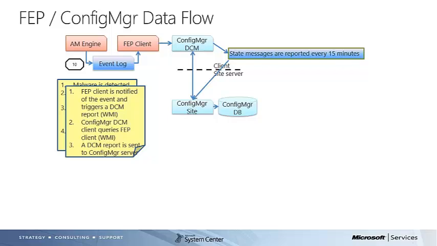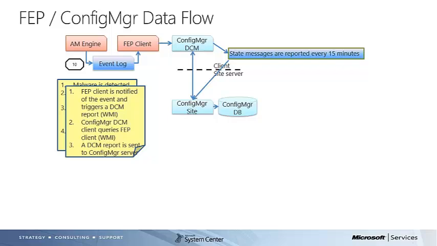That DCM report is then sent up to the Config Manager site via the management point, and the state messages that are associated with the Config Manager DCM client, basically those are reported every 15 minutes.